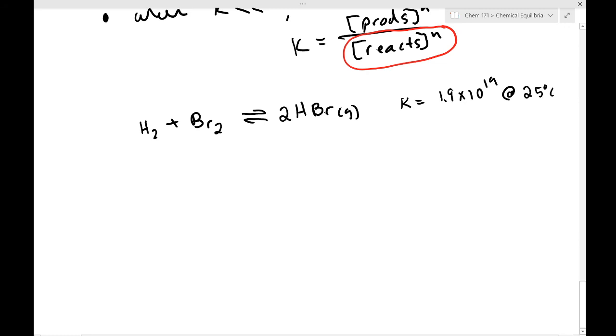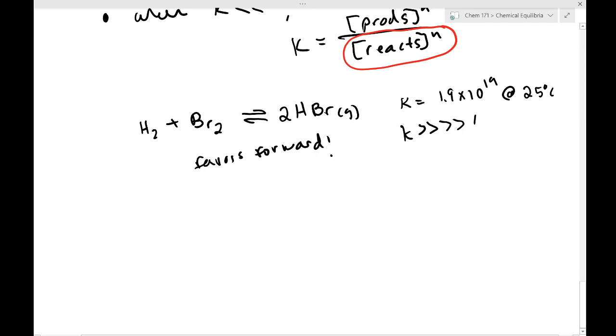This is a huge K, huge. Okay, so K is much, much greater than 1. So that means that the forward reaction is favored. Okay, so this favors forward just because that K is so huge.